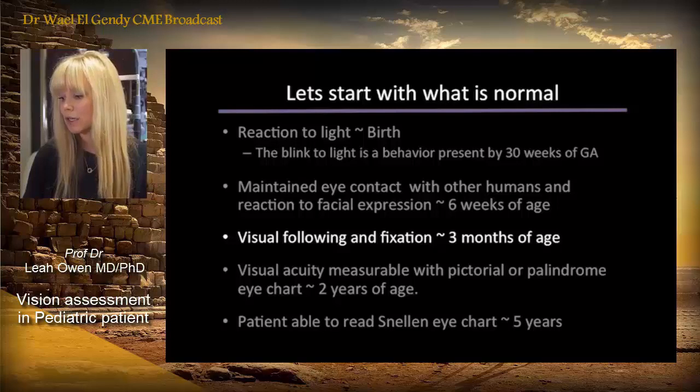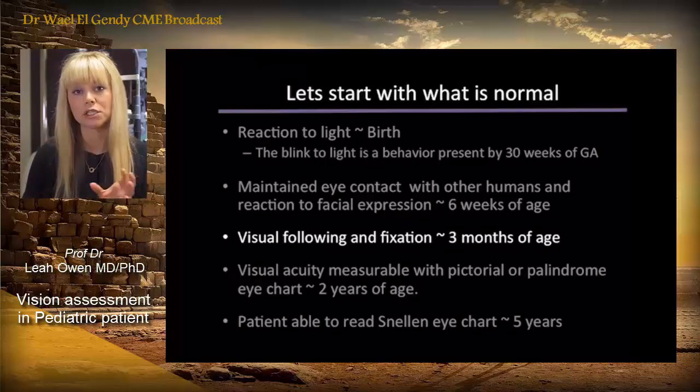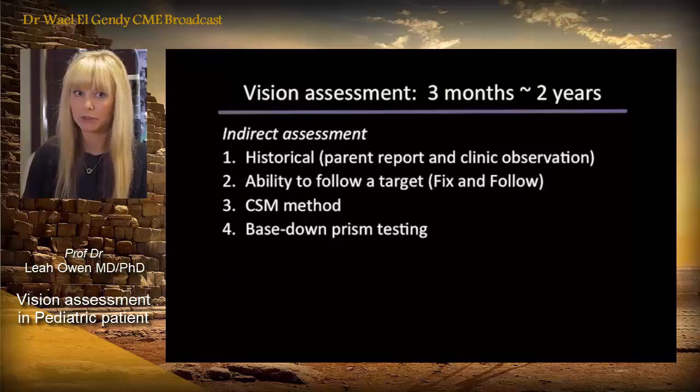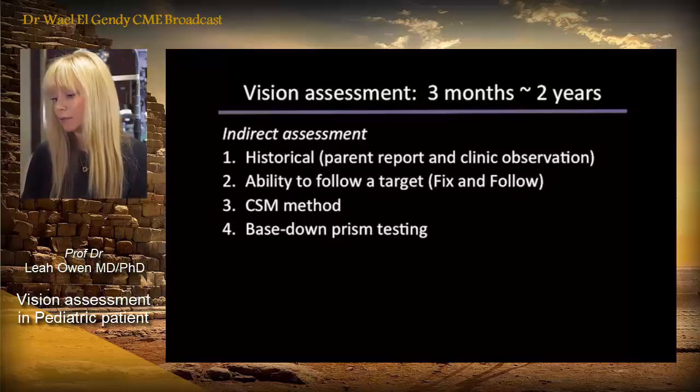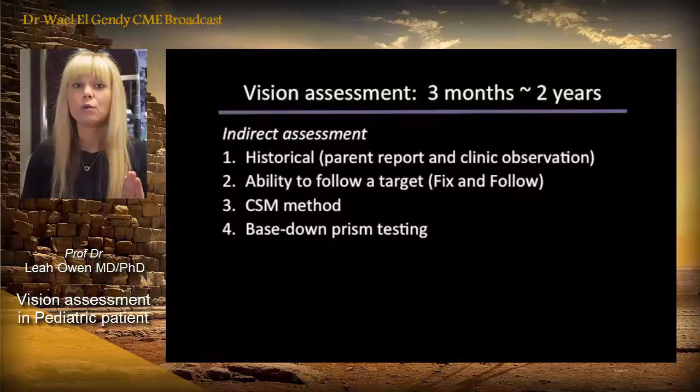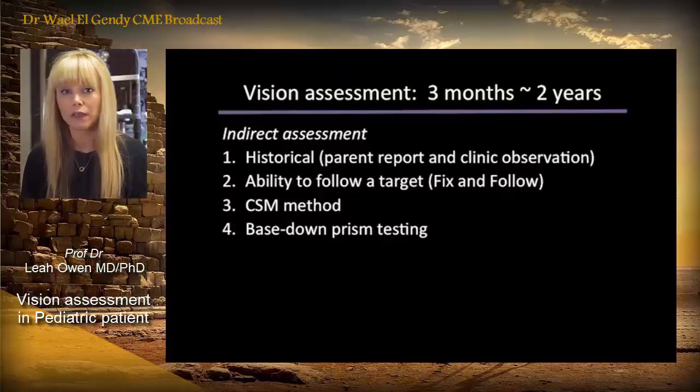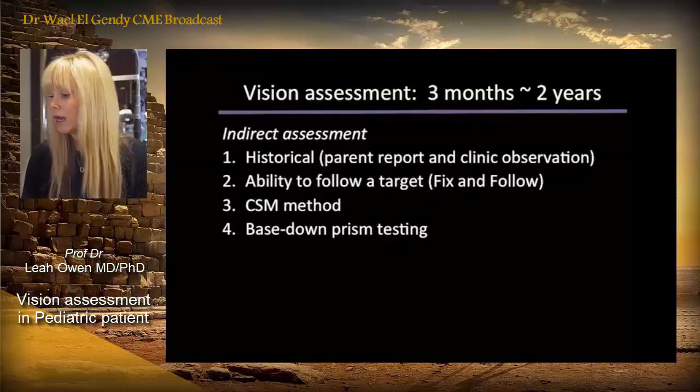But let's talk about how we assess for fixation and following behavior starting around 3 months of age. There are multiple ways we can do this. The first category would be an indirect assessment. We can talk to the parents and say, historically, does your child look at things and follow them in space?